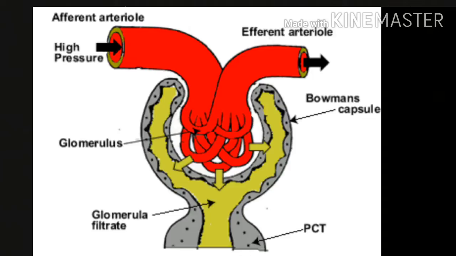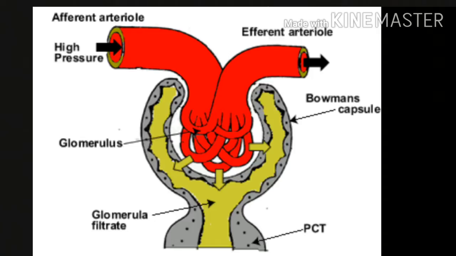Once again we can see the Malpighian corpuscle. Each kidney consists of more than 1 million nephrons. Nephrons or uriniferous tubules are the structural and functional units of kidneys. Each nephron consists of a Malpighian corpuscle and a renal tubule.